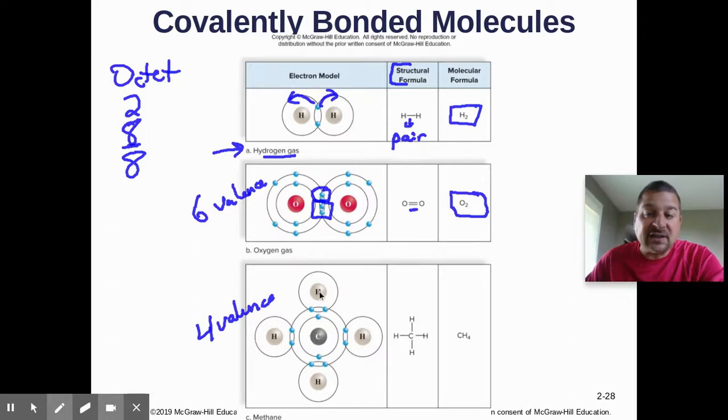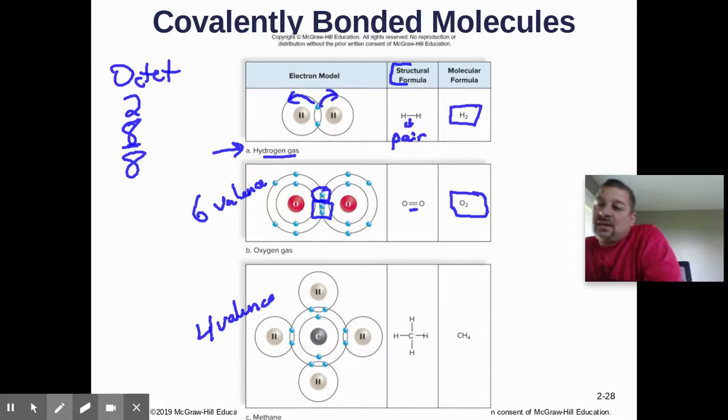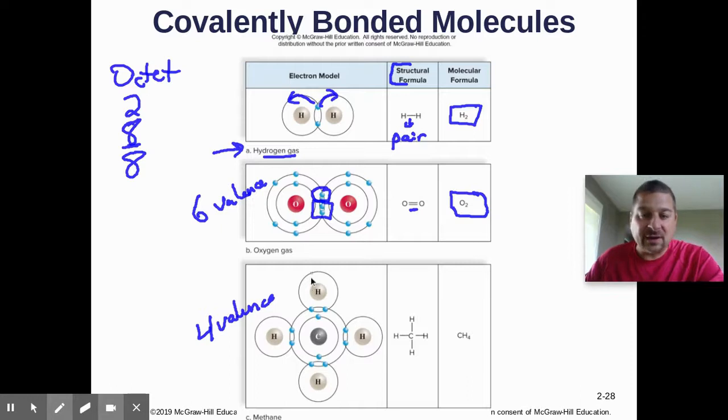And if a hydrogen, it doesn't always have to be the same atom bonding together. You can take a hydrogen, we'll scoot up close to it, and over here another hydrogen will scoot up close over here. And so this hydrogen will have its 2, and if you plug in 1, 2, 3, 4 hydrogens, they're all happy.